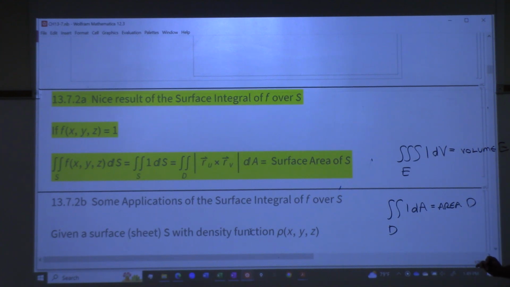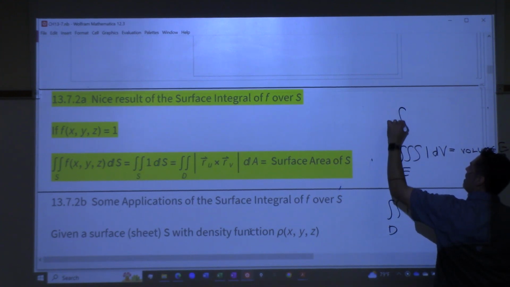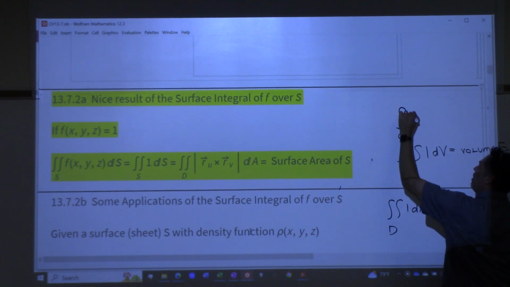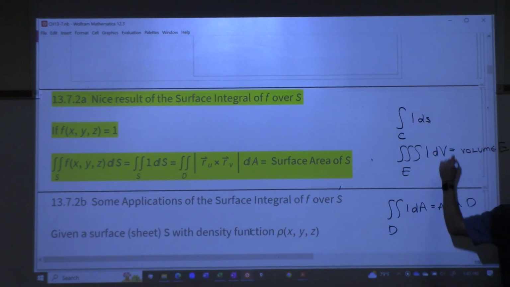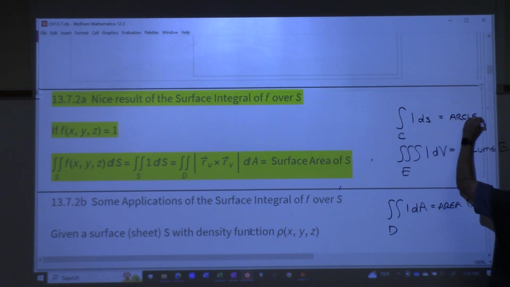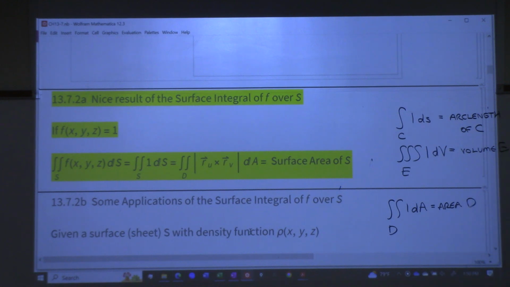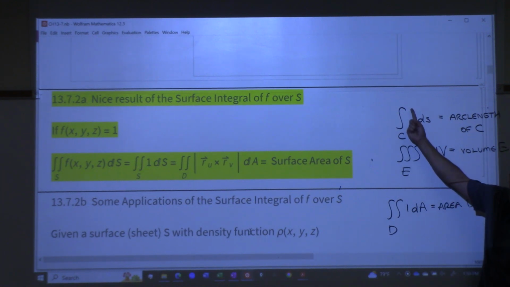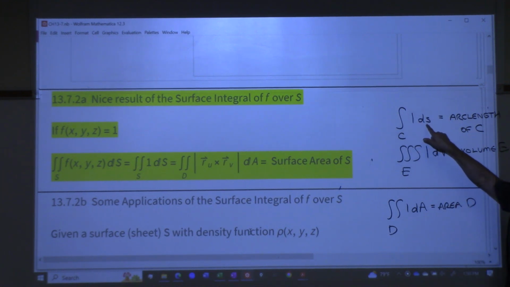If we do the line integral over C of 1 ds, then this is the arc length of C. If you have 1 in the integral, then whatever this is with respect to, arc length, that's going to give you the arc length of that curve.